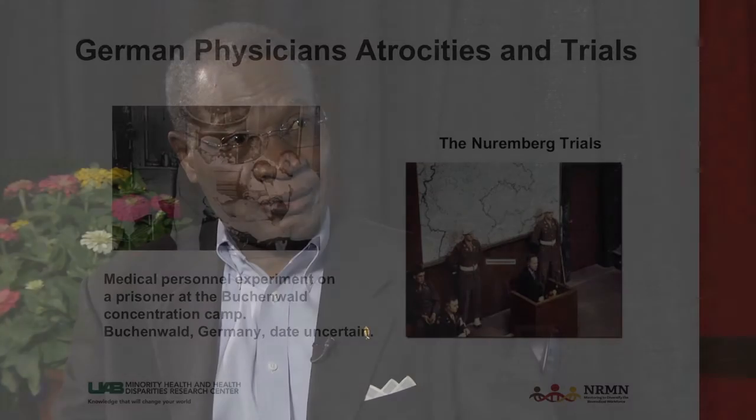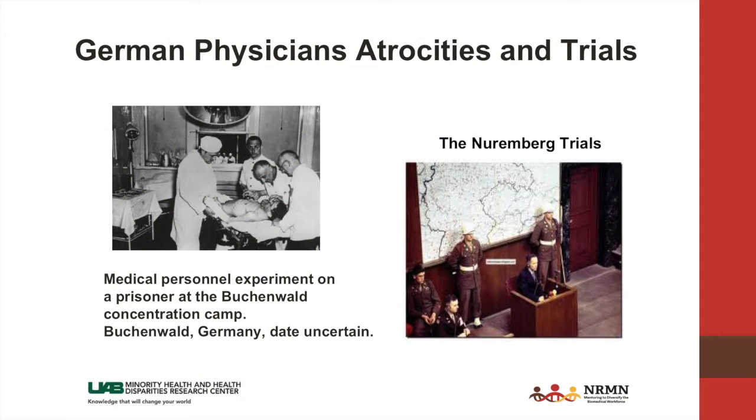And when that was discovered, all the doctors that were involved were brought into trial at Nuremberg. Now, the two slides that I show indicate a prisoner being experimented on, and the other slide shows a shot of the trial at Nuremberg.